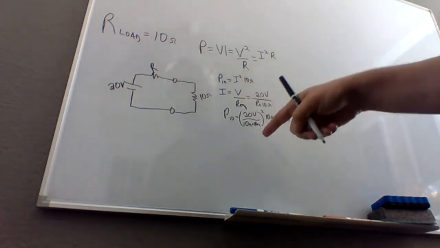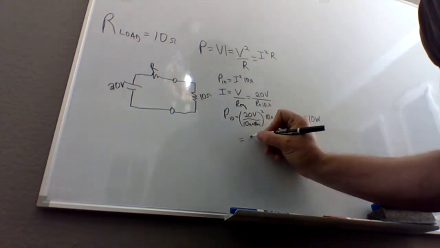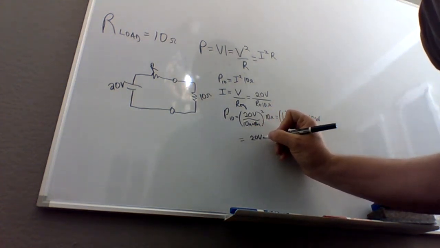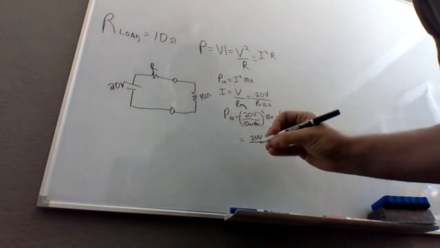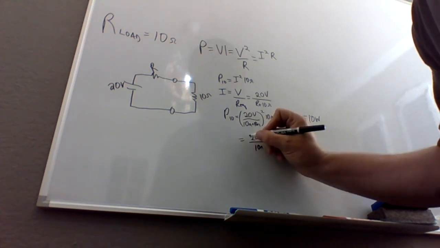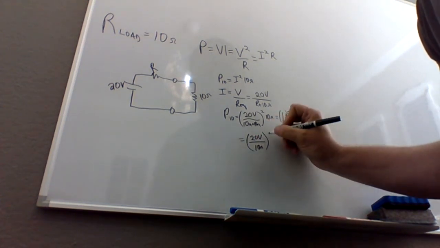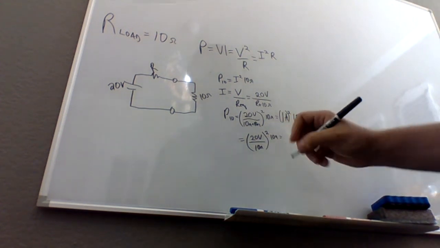But let's say I used a 5 ohm resistor instead. If I did that, that's 20 volts. Or let's just say I had 0 internal resistance. So that's divided by 10 squared times 10 ohms. Okay?